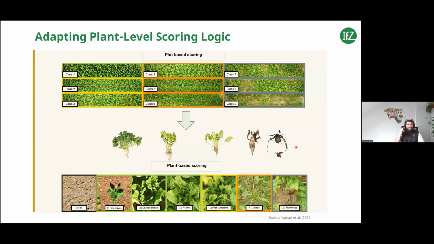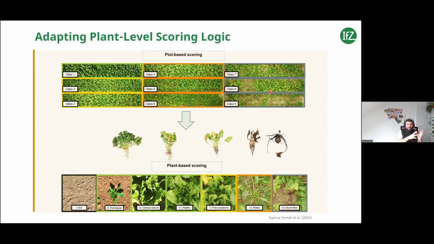What we did was adapt it, which required rethinking the scoring logic, because it's not the same. The normal scoring done here in Germany for this disease is at plot level, because Rhizoctonia creates a heterogeneous pattern. We can see here healthy areas adjacent to severely affected areas. So we need to transform to the plant level, as I did before.